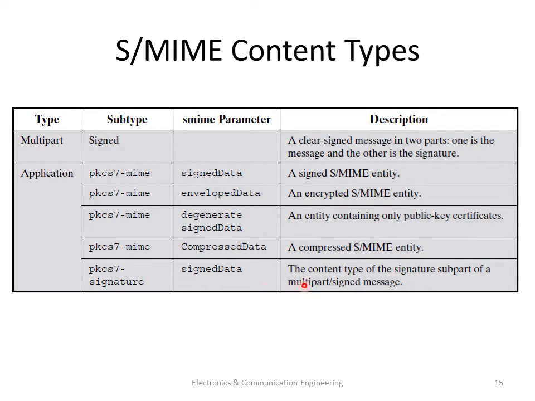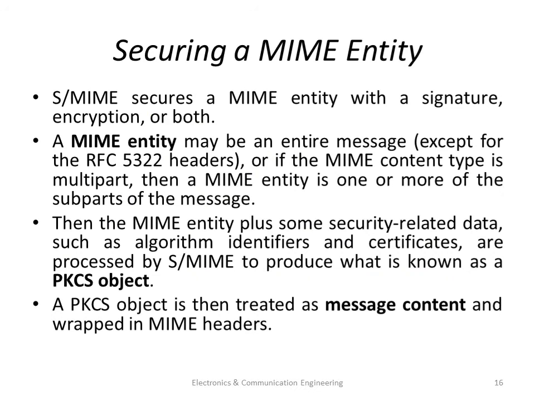Signed data: the content type of the signature subpart of the multipart is a signed message, with a signature, encryption, or both. A MIME entity may be an entire message except for the RFC 5322 header, or if the MIME content type is multipart, then a MIME entity is one or more of the subparts of the message.